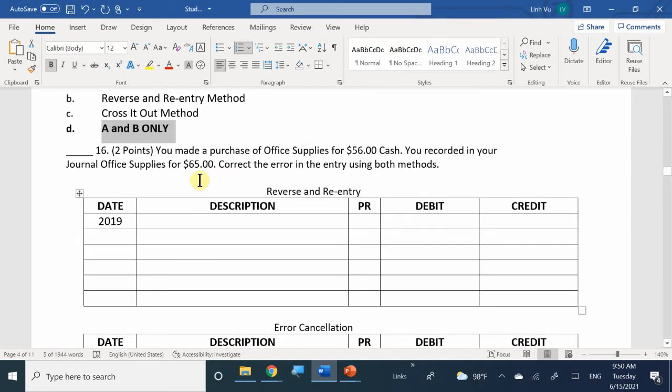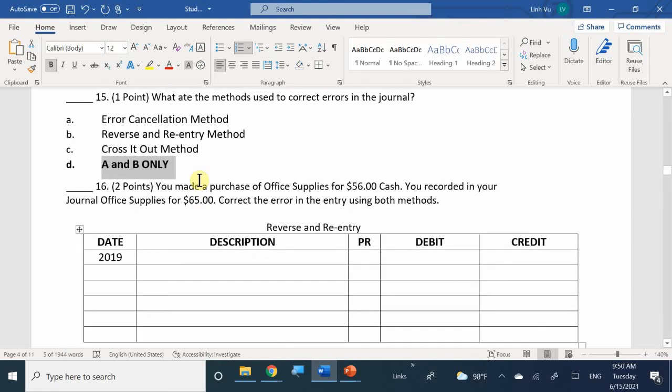So let's go ahead and see here. Okay, question number 16 says that you made a purchase of office supplies for $56 cash, okay? You recorded in your books office supplies for $65, okay? Correct the error entry using both methods.